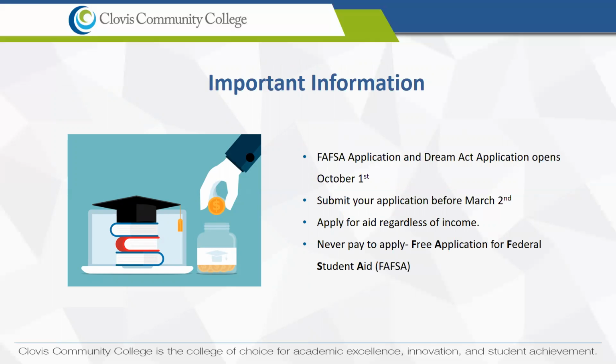We suggest that you submit your application before March 2nd to potentially qualify for an entitlement Cal Grant, although the application will continue to stay open past March 2nd for other types of aid. Be sure to apply for financial aid regardless of your family income, because some types of aid are not income-based. Applying for financial aid is always free, so never allow anyone to convince you to pay to apply.